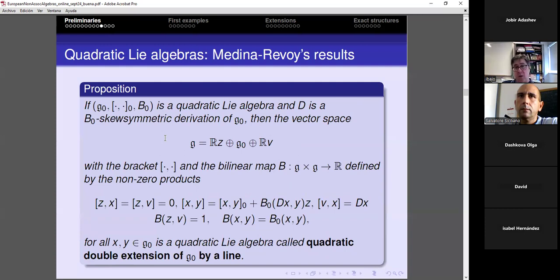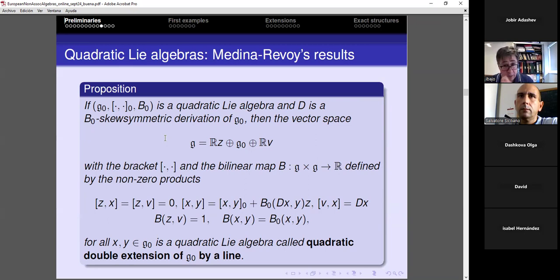So let me just recall a couple of results concerning quadratic Lie algebras. Quadratic Lie algebras are very well studied, and one of the interesting results is Medina-Revoy's result, which gives a method to construct quadratic Lie algebras.